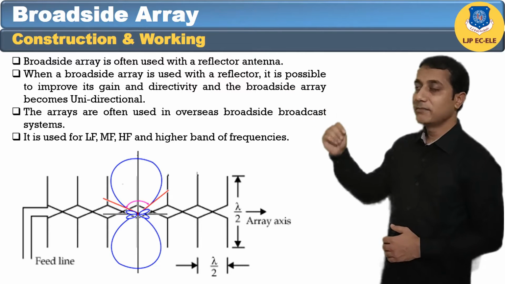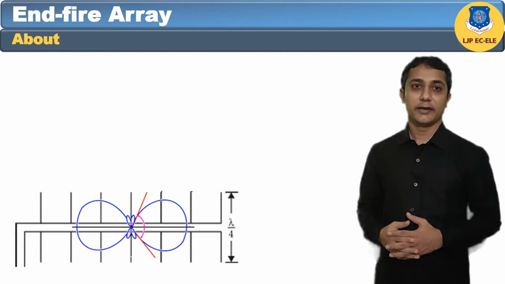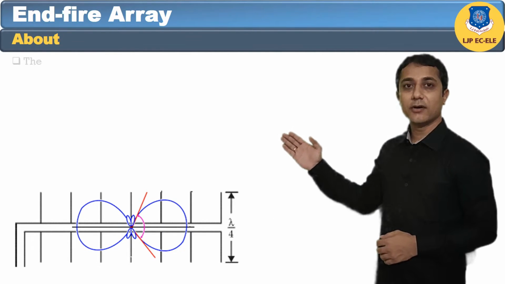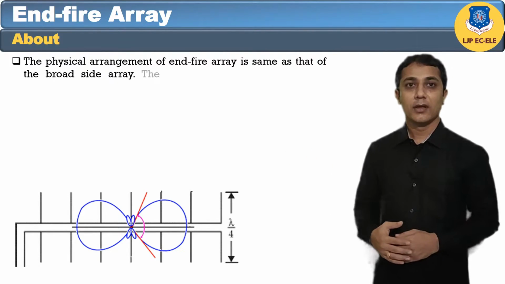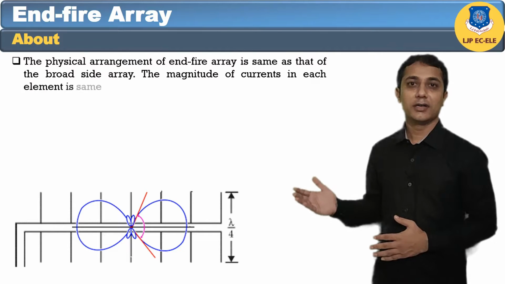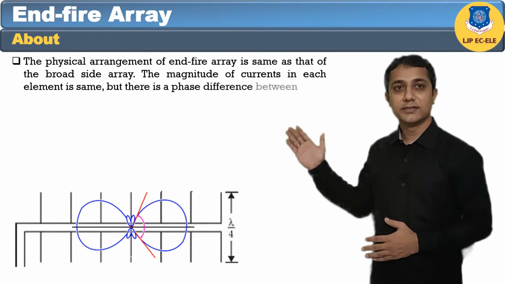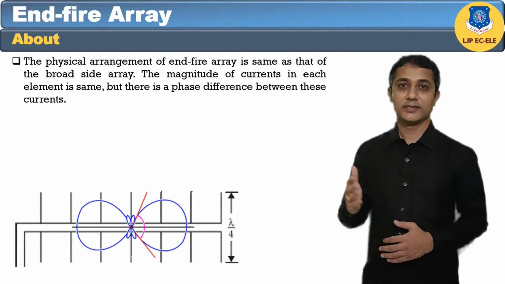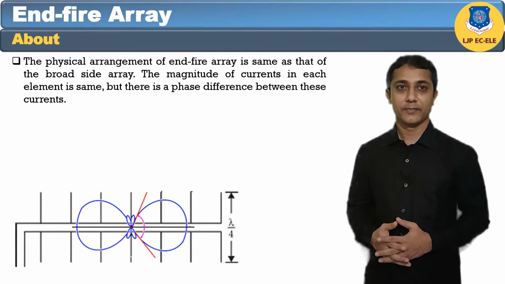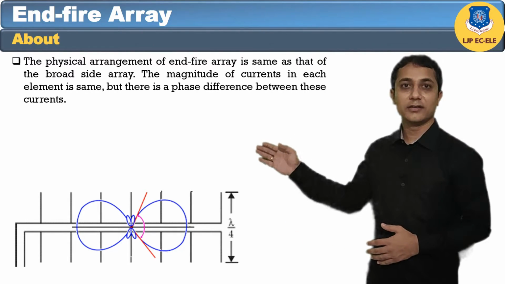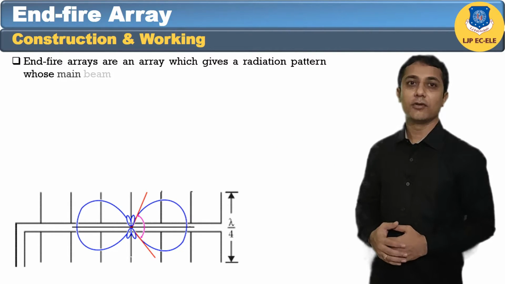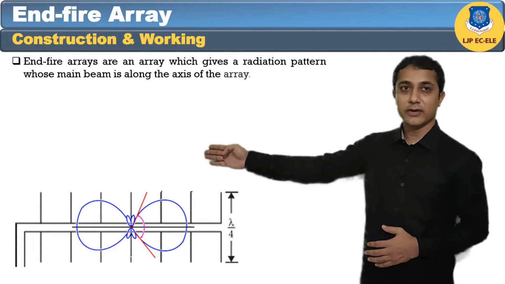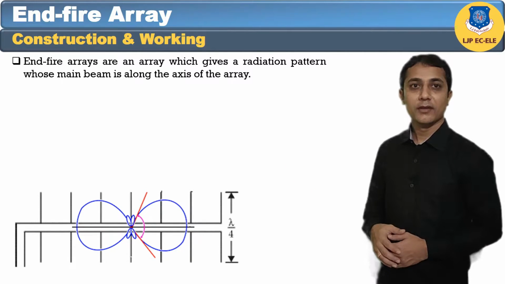Now the second type, that is the end fire array. The physical arrangement of end fire array is same as that of broadside array. The magnitude of current in each element is same, but there is a phase difference between these currents. This induction of energy differs in each element, which can be understood by the following diagram. So here we have an end fire array.